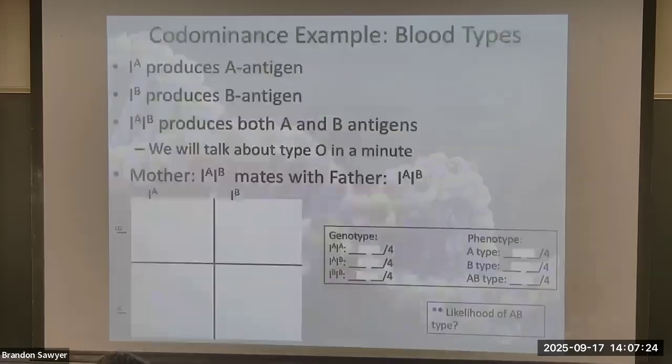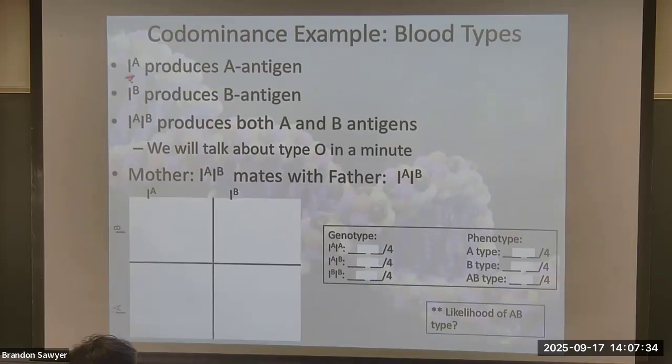One example of that is our blood types, the whole AB blood typing that we have. The way this one is expressed is with this I, and then it has an A or a B on there. If we've got IA and IB, that person is going to have AB blood. You're going to see both the A and the B show up.